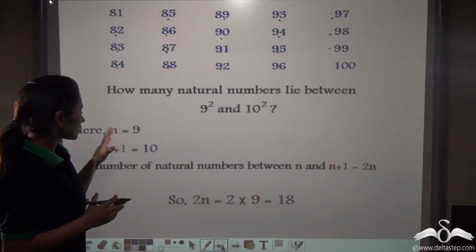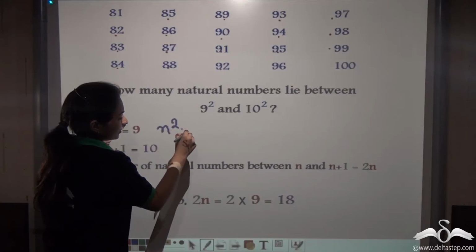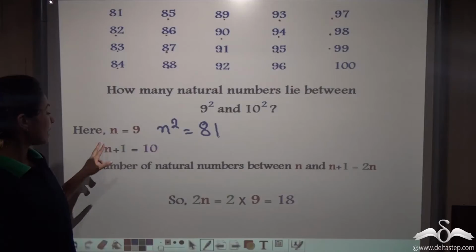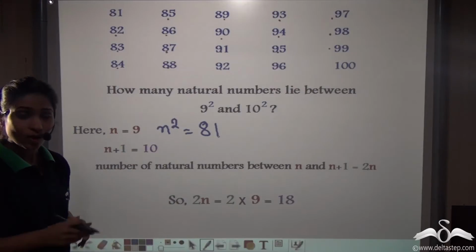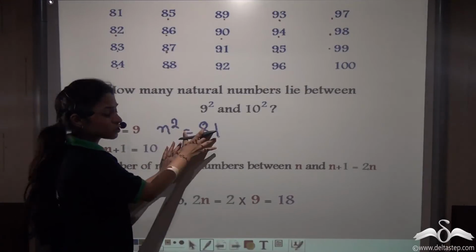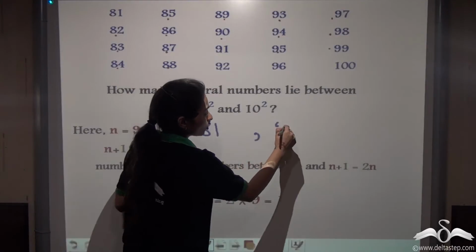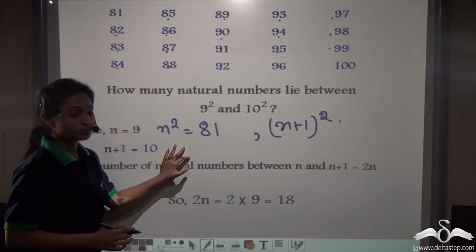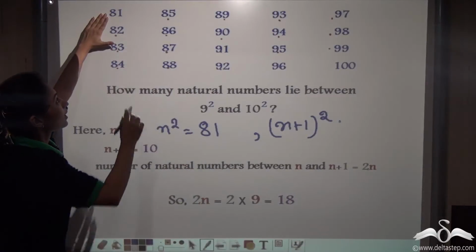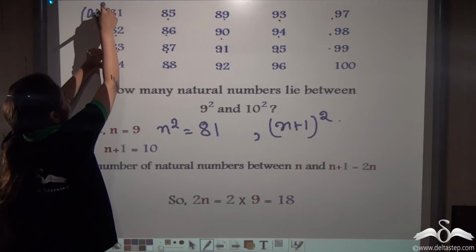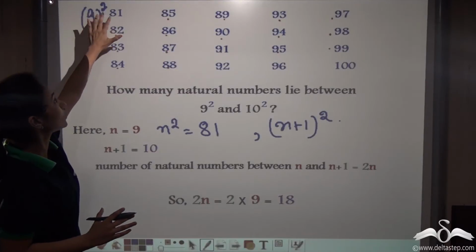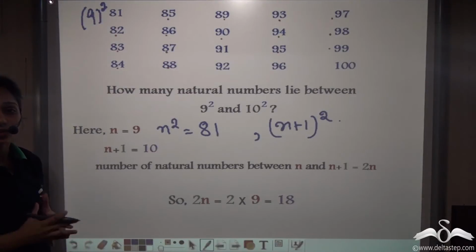Now, one more thing. Suppose I know n square, that is say 81, and I want to know what is n plus 1 whole square. So, what can I do? I know 81, that is 9 square, and I do not know the answer of 10 square. How many numbers should I add to this 9 square to get the 10 square?